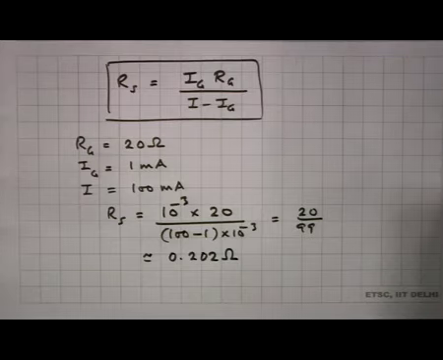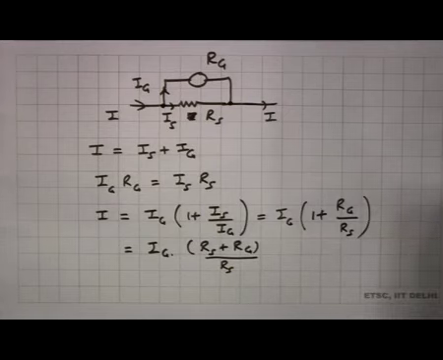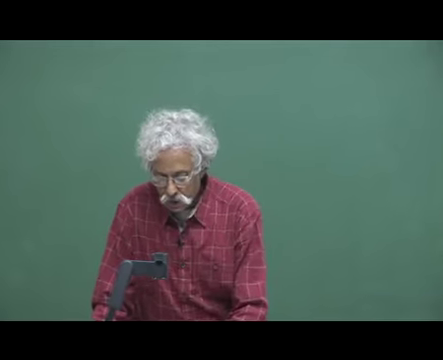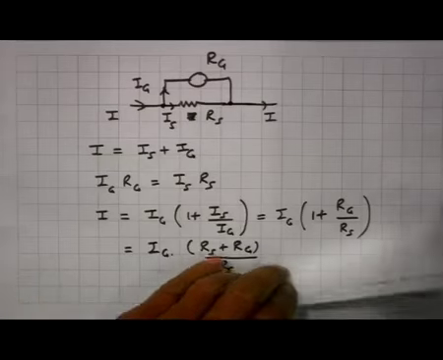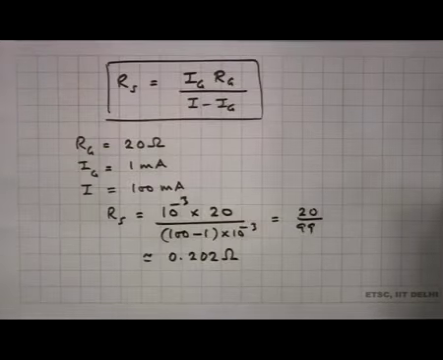So, what we have got is, if I had a galvanometer with a resistance of 20 ohms, and if it is capable of measuring up to 1 milliampere, which means that at 1 milliampere I get full deflection, then to convert this galvanometer into an ammeter, which is capable of measuring up to 100 milliamperes, I must connect a resistance in parallel with the galvanometer whose value is about 0.202 ohms.